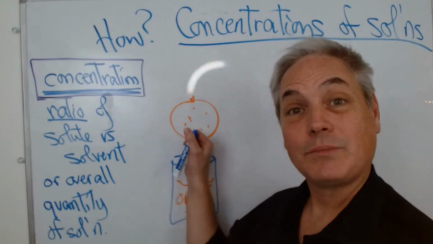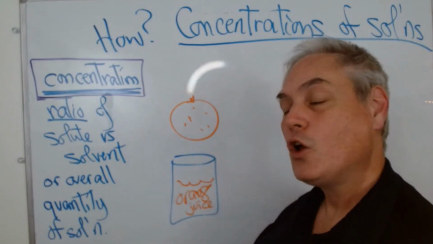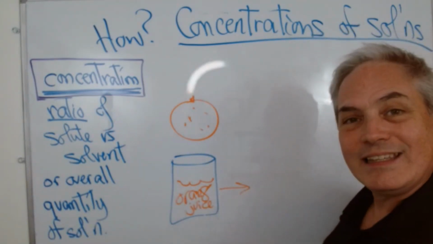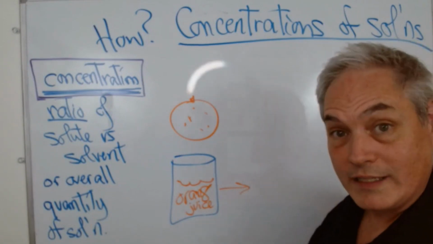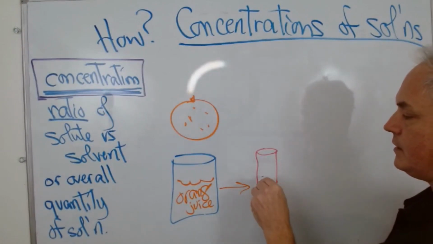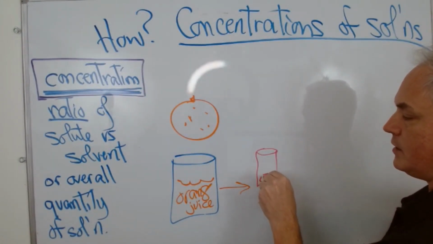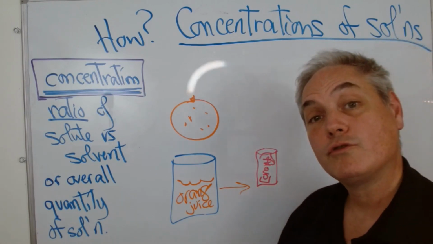On the other hand, sometimes when you have too many oranges at the end of the season, what do they do? They take the orange juice and then they create what we call concentrated orange juice. Concentrated orange juice is what?